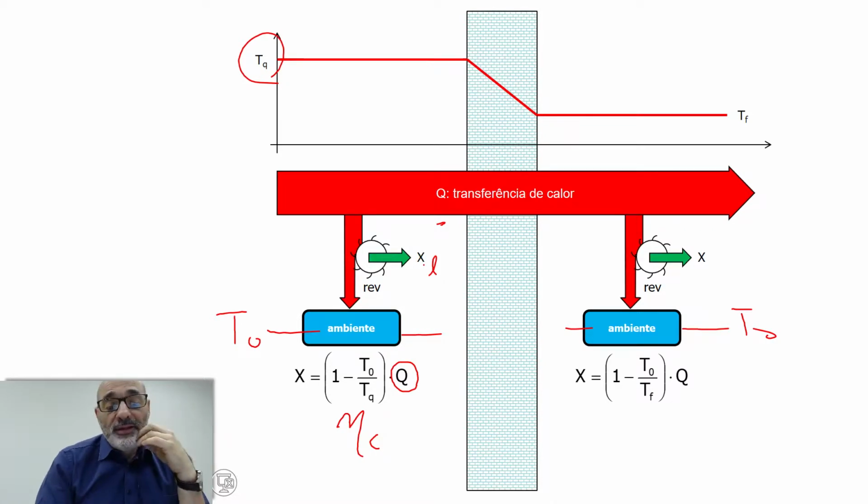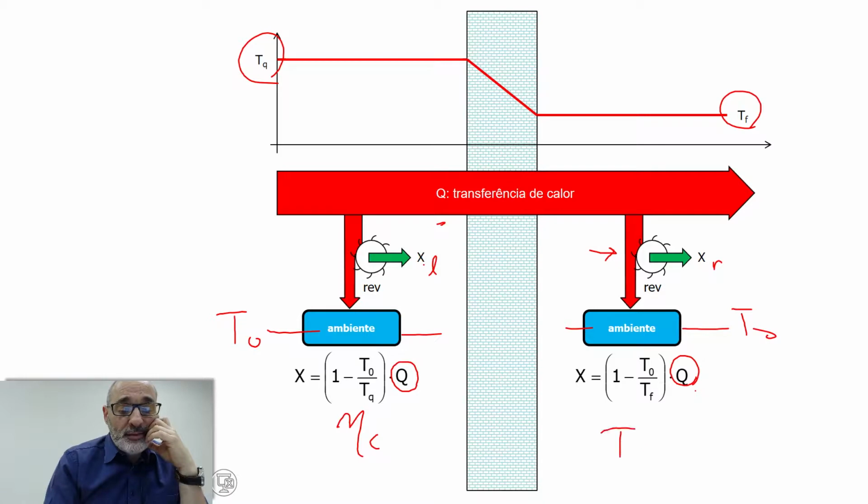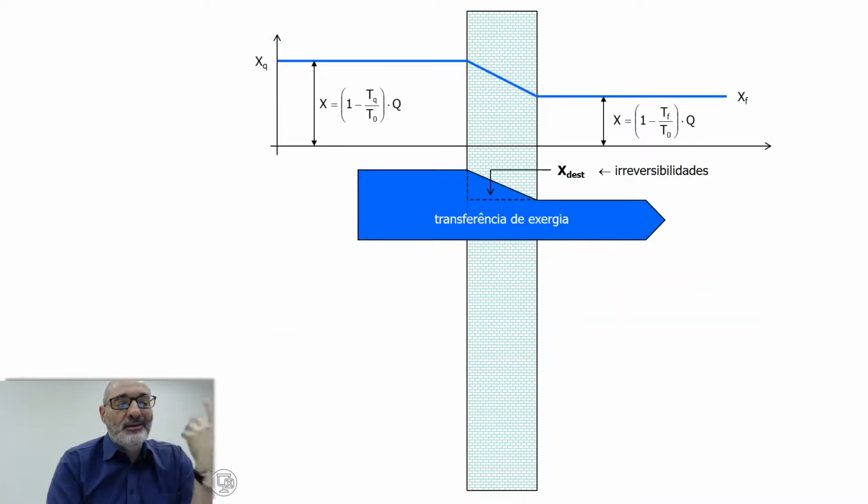And the same on the other side of the wall. This, let's say, x right. It's Q multiplied by the efficiency of this thermal machine, which is 1 minus T0 over TF. TF is the temperature inside the room. So you see, since we know that TQ is greater than TF, it's obvious that X on the left side is greater than X, the Exergy content on the right side.